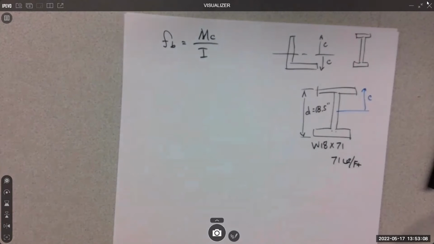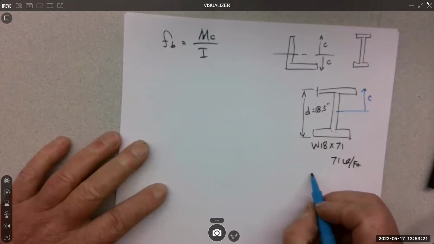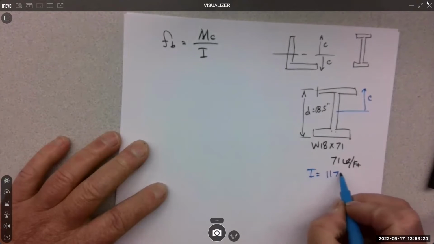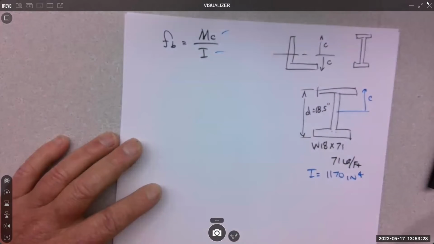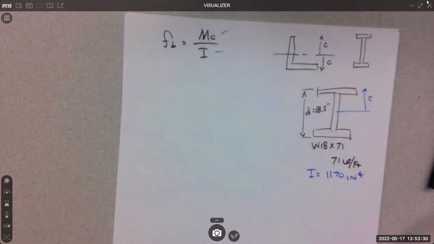It's a structural shape, so I can look up the I value, 18 by 71, Ix, 1170. So those two are done. C's done, I's done. I just need the moment. So that's where most of the work of the problem comes in.